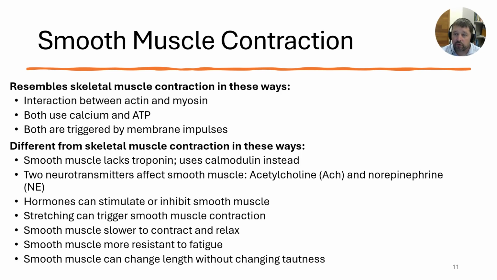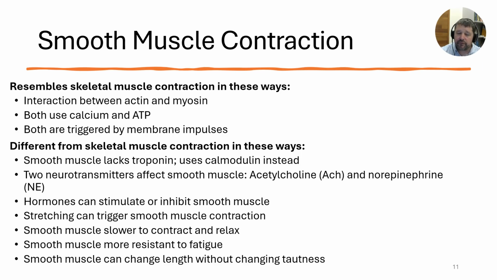Again, hormones can stimulate smooth muscle, and they can inhibit smooth muscle, but not skeletal muscle. Skeletal muscle is stimulated by motor neurons, not hormones. Stretching can trigger smooth muscle contraction, so the movement of the muscle can cause a contraction.